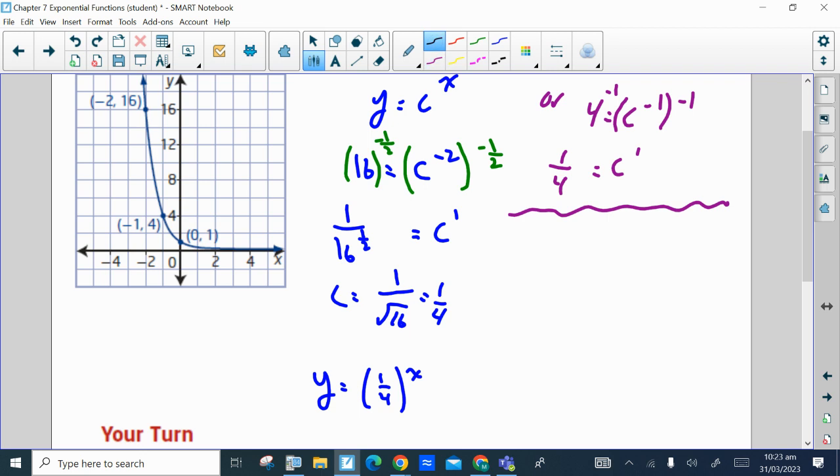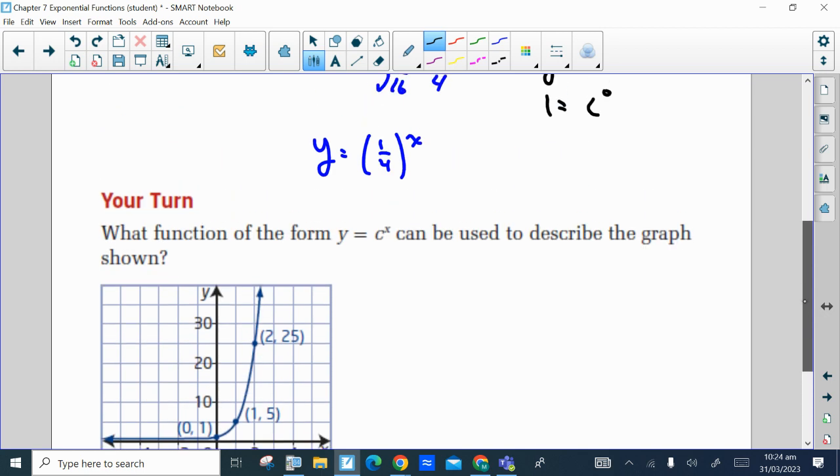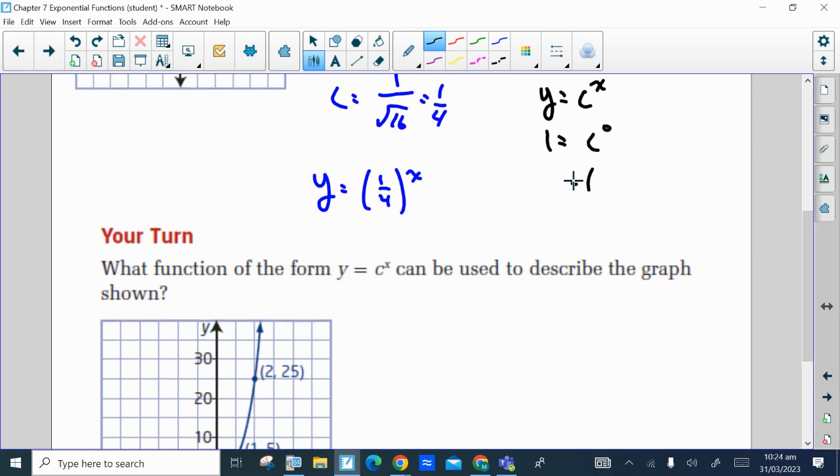Remember we said you can't use the point 0, 1, and we'll show you why that doesn't work. We start with y equals c to the x and we use the point 0, 1. Let x equal 0 and y equal 1, well, on the right side, you get c to the 0, which is 1.